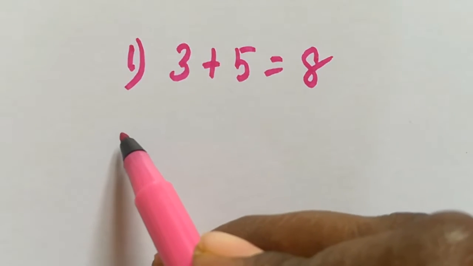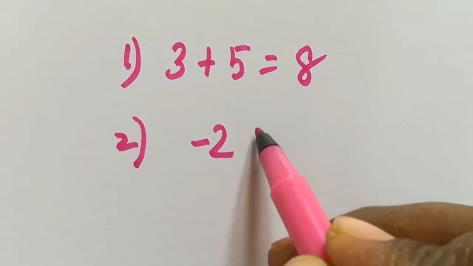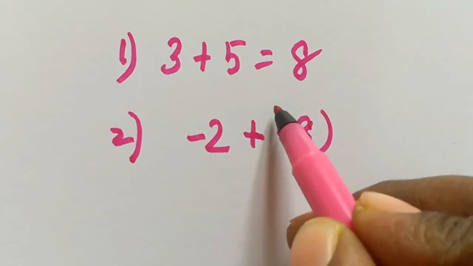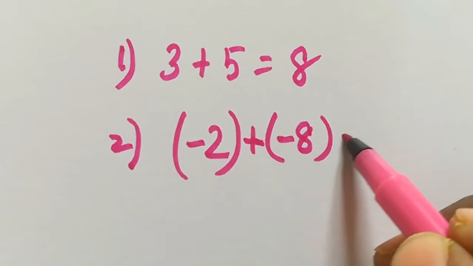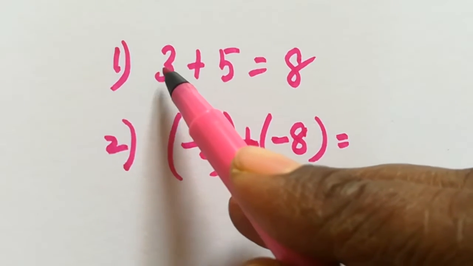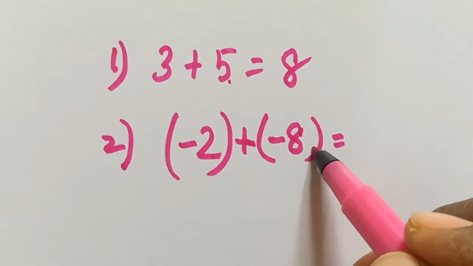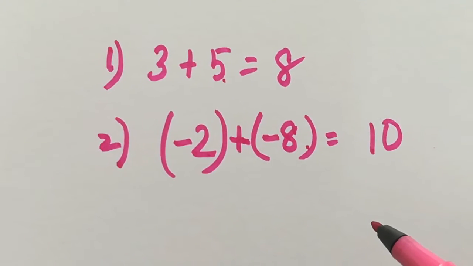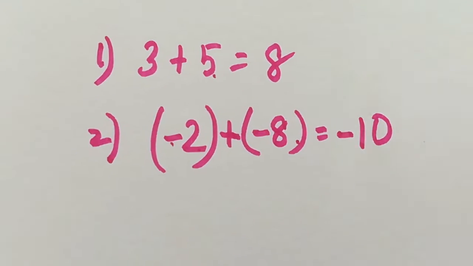So, same way, when you add minus 2 plus minus 8, here we are going to add negative integers. As usual addition, how we added 3 and 5, same way we are going to add 2 and 8. What do you get? 10. But we will put a negative sign, minus 10.